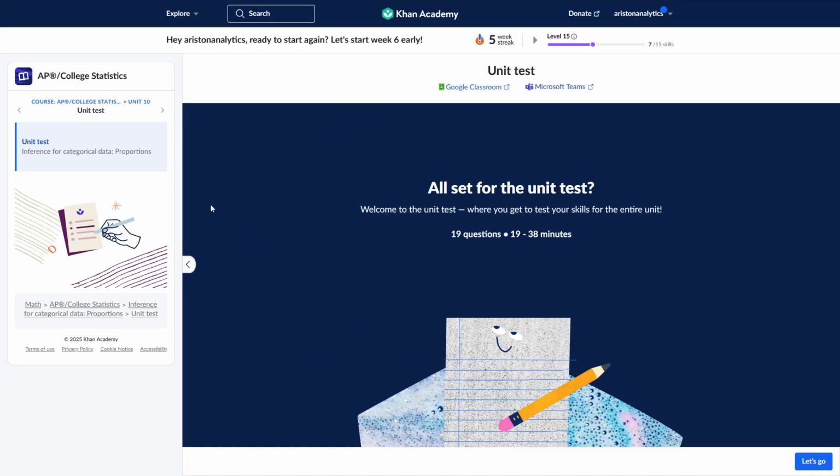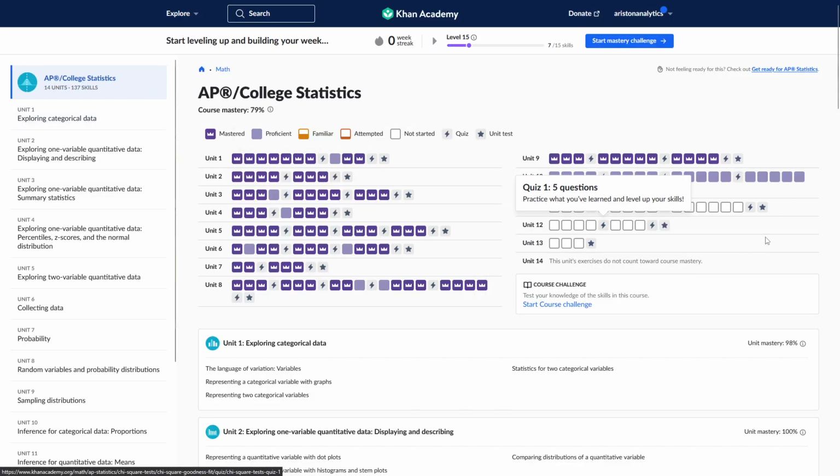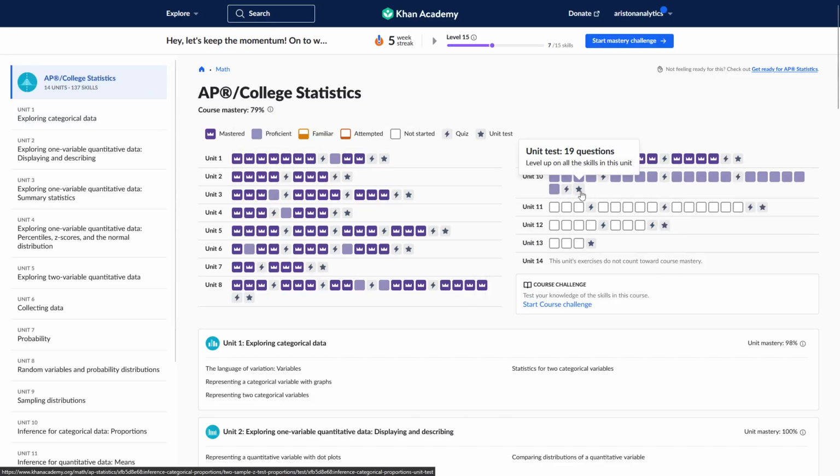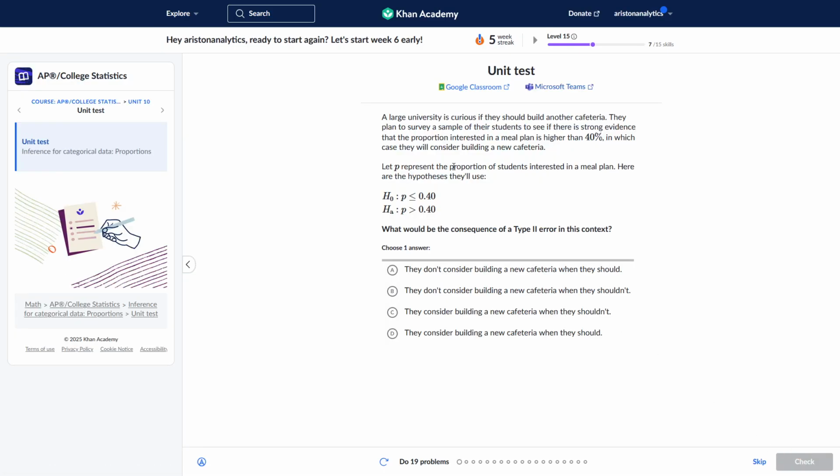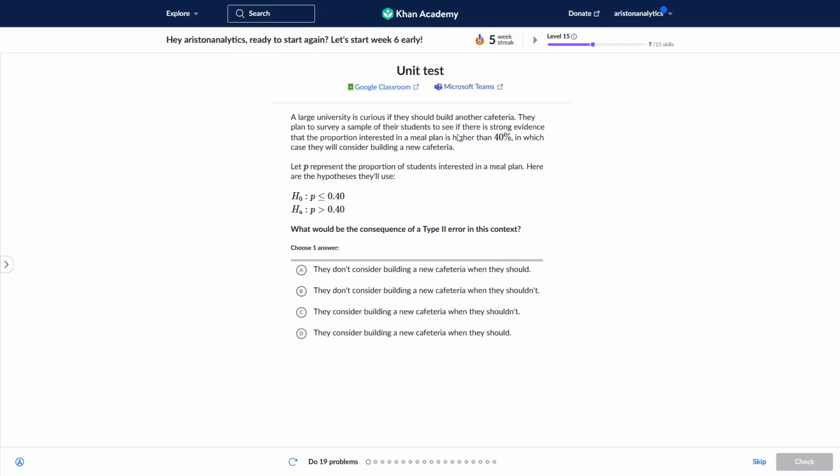So I'm probably gonna get this wrong, but it'll be fine. We'll go back and forth. Strong evidence that's proportion. Okay. Type 2 error. Fail to reject. Fail to reject.